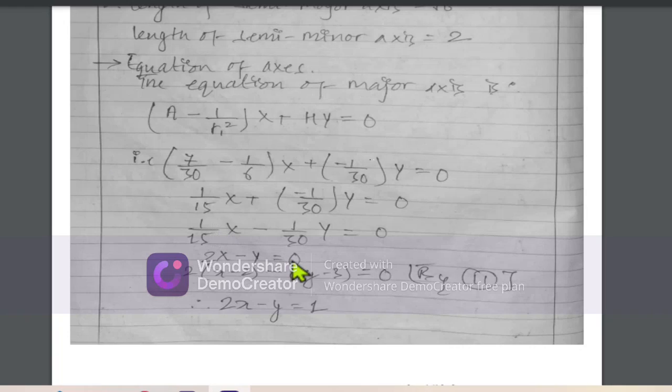As we have discussed in step 5 in the working rule, capital X and Y must be changed in terms of small x and y, so it becomes 2x minus 2 minus y minus 3 equals 0, and by solving, this equation becomes 2x minus y equals 1.